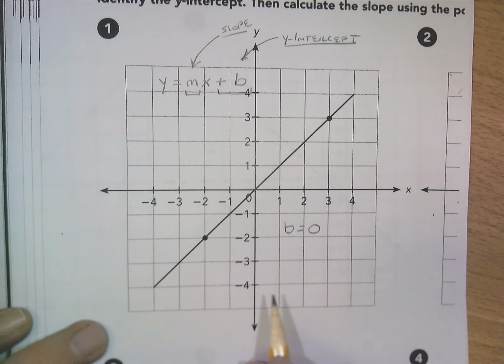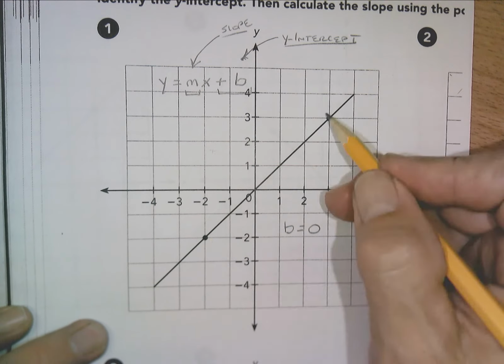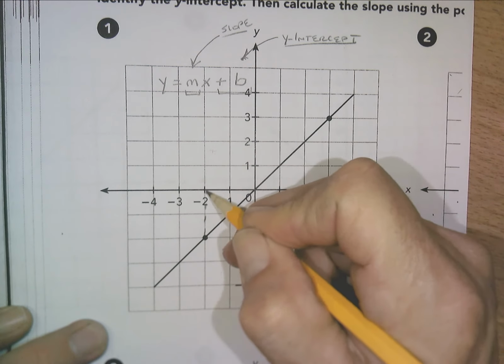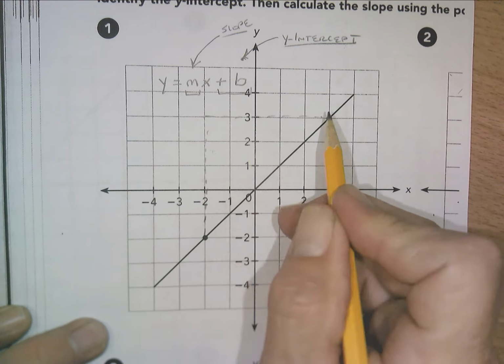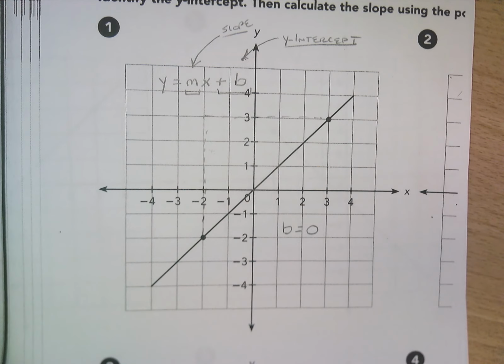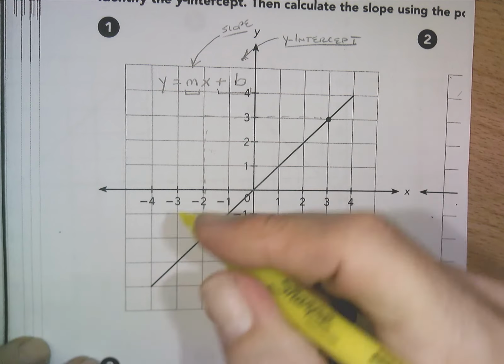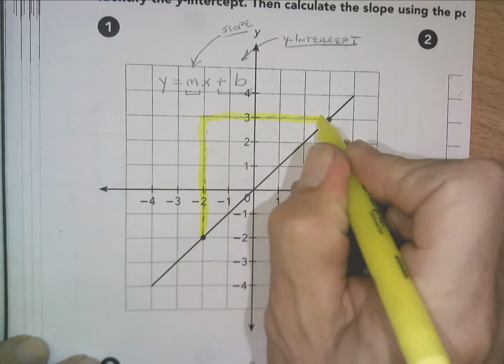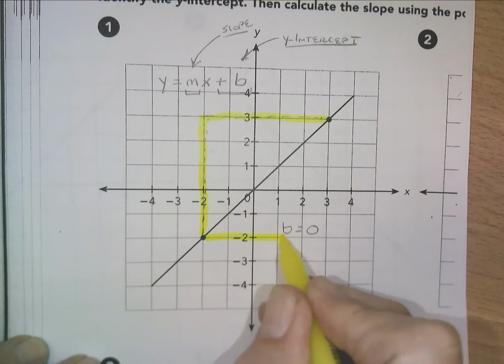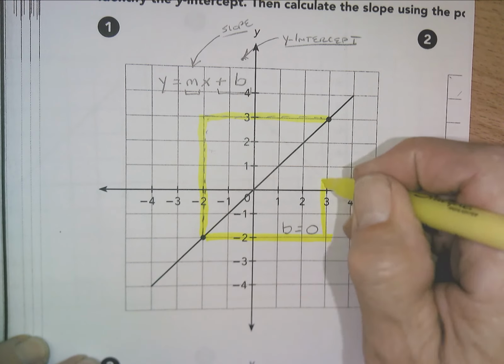Now let's calculate slope. To get from this point to this point, I'm going to go up and over. I wish I had a different color pen with me. Hold on for a second. All right, so we're going to go up and over, or we can go over and up.